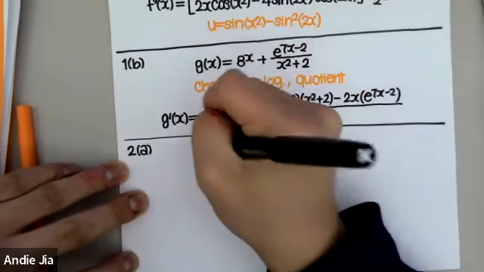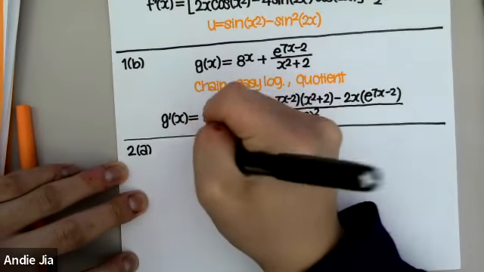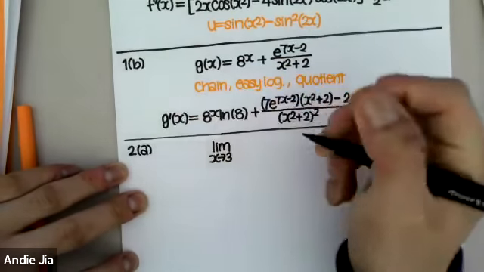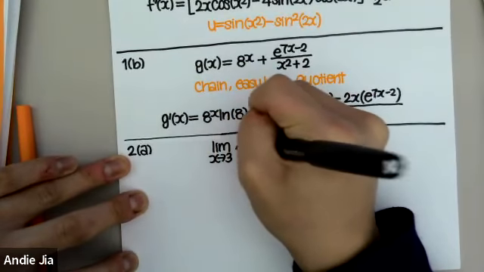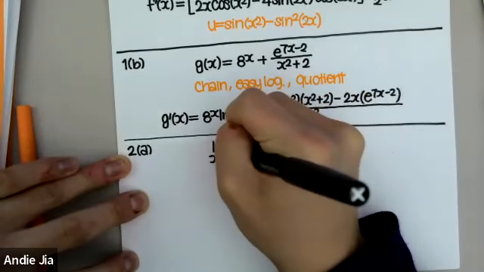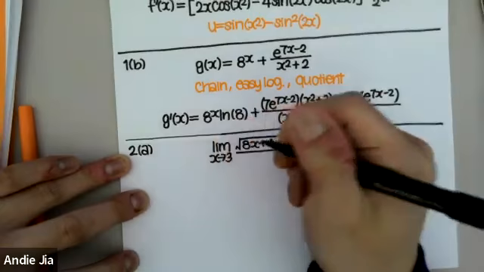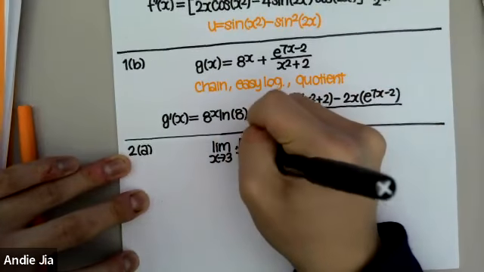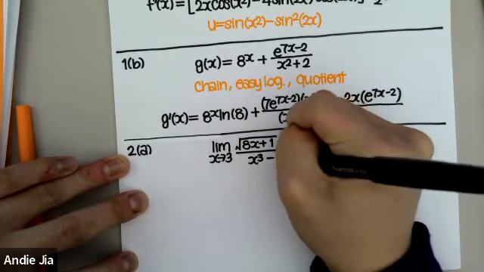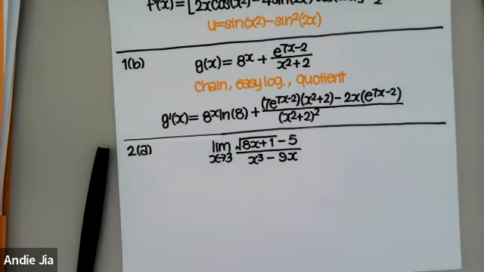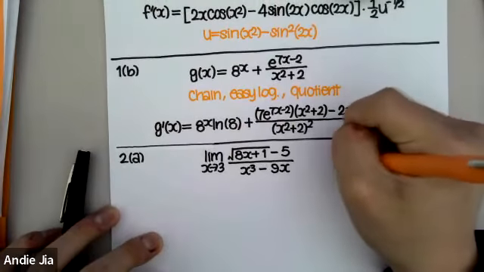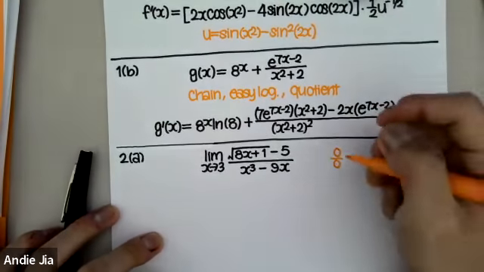It's a limit as x approaches 3 of the square root of 8x plus 1 minus 5 over x cubed minus 9x. Oh wow, we have this radical, we have polynomials, and this indeterminate form is 0 over 0. So conjugate and factor.